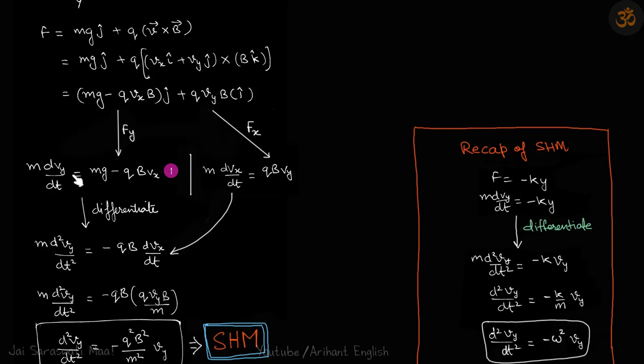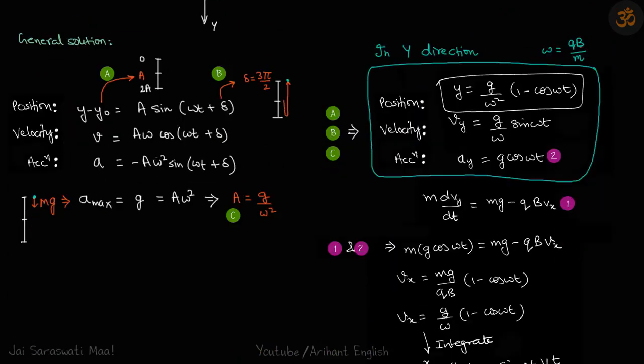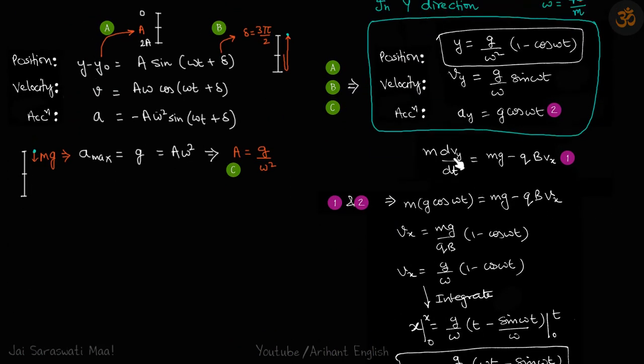So let's go down. So I'll write this equation again. So this is the equation. So here we have a term dVy by dt. This is Ay. So let's substitute Ay from this equation to here.